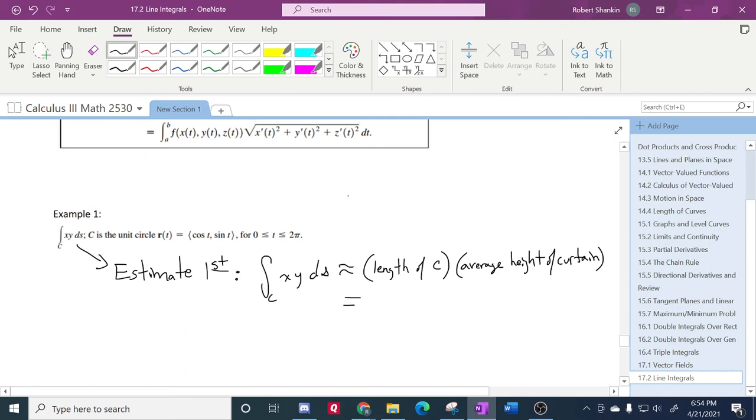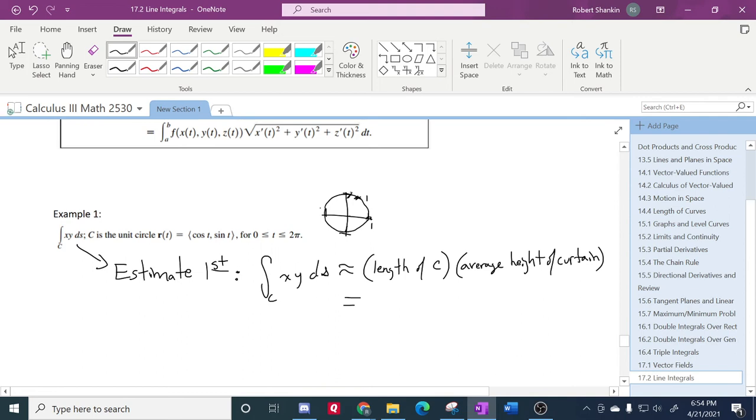All right, so what's the length of the unit circle? The distance from here to here is 1, and from here is 1. If you go here, it's more than that, it's up to about here, it's 1, and do it again.